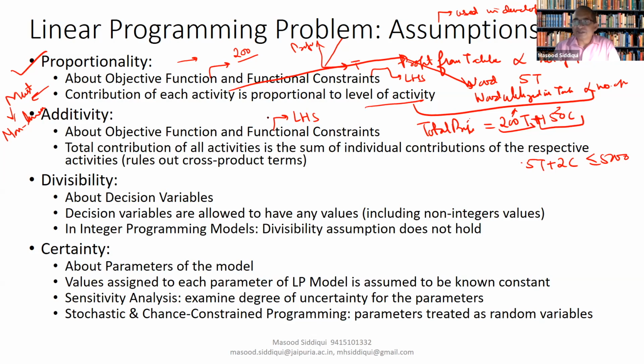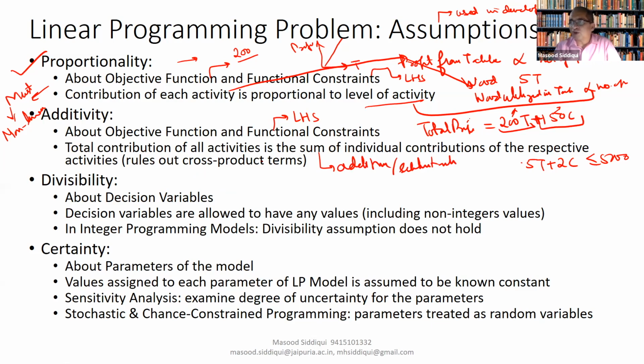The second assumption is related to additivity. Again, it has been discussed. This is related to the total. It is imposed on the objective function as well as on the left-hand side of the functional constraint. This says that the total contribution of all activities is the sum, meaning simply the addition or subtraction of the individual contributions of the respective activities.